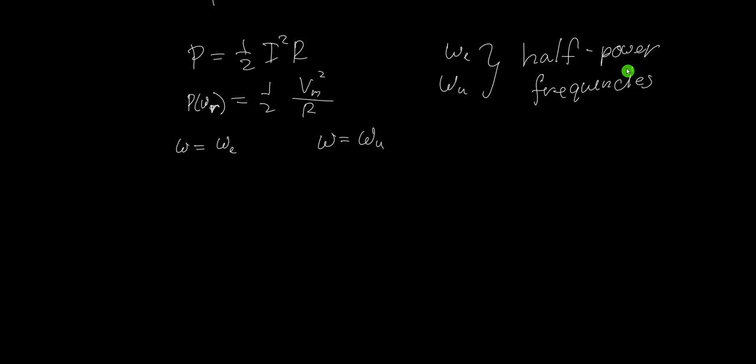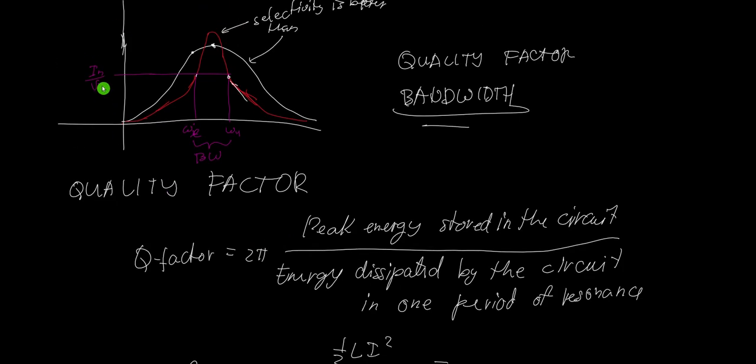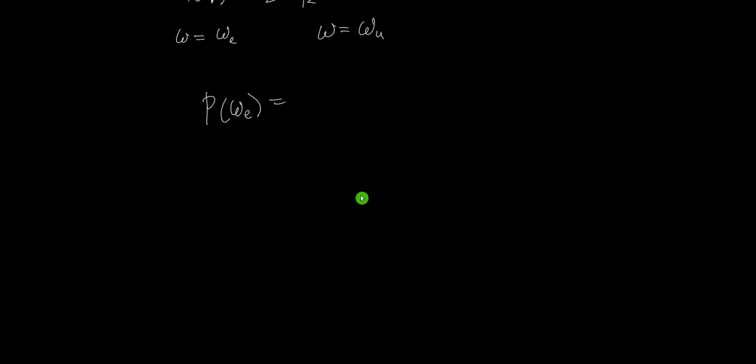And if that is the case, what will be the power? Because for here, let's use this formula. So P of omega L. We just need to change this Vm squared here. Instead of the maximum voltage, we will be using the actual value, divided by square root of 2.